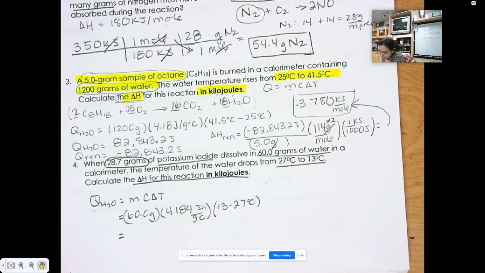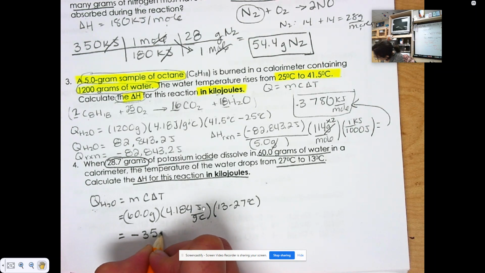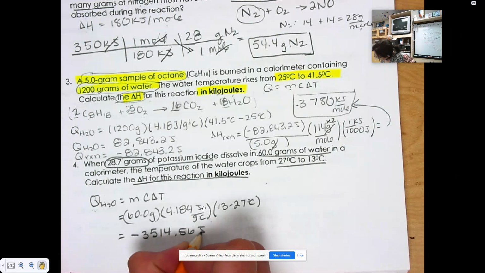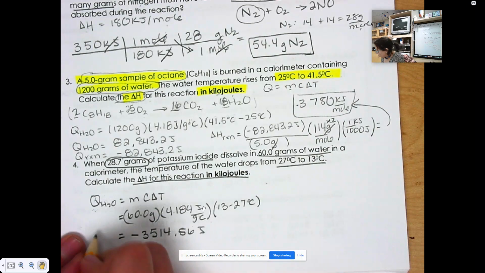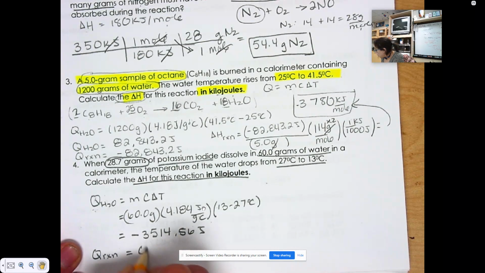Okay? We're going to calculate our problem, and once we calculate this, we end up with negative 3,514.56 joules. Now, this is the Q of our water. We know that Q of the reaction and Q of water are equal, except that one is negative, of course.